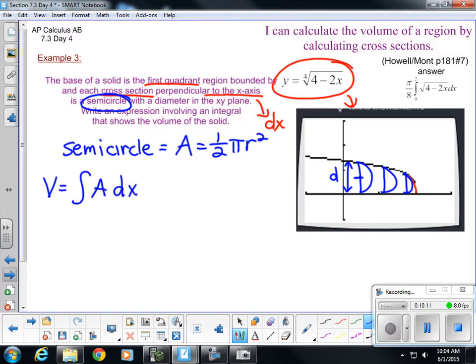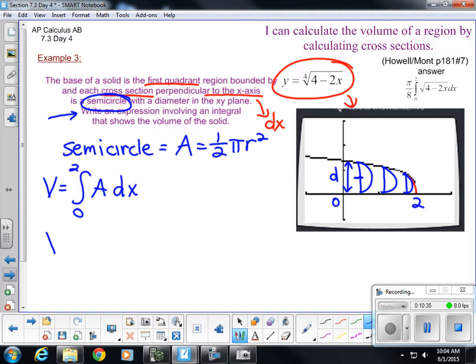This problem says just write an expression involving an integral. So you don't actually have to find a number solution for this. Now, this graph goes from 0 to 2. So those are going to be our limits of integration, 0 to 2.